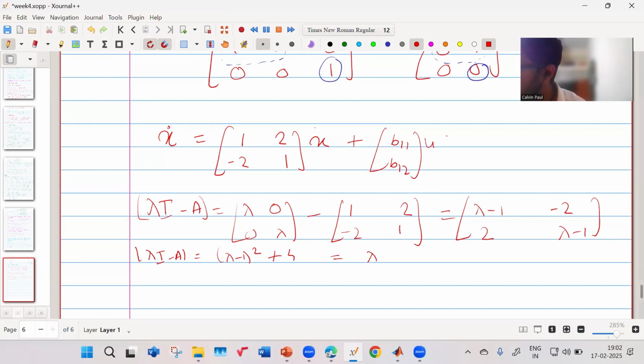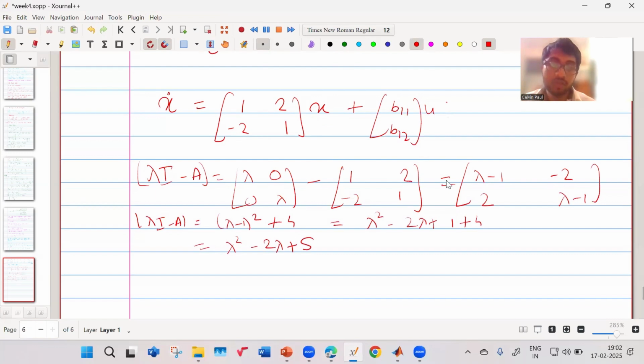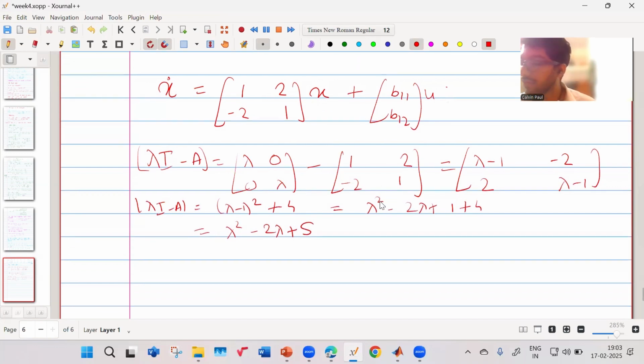So it comes out to be lambda square minus 2 lambda plus 1 plus 4. Okay, it comes out to be lambda square minus 2 lambda plus 5. So can you tell me what will be these eigenvalues? Can you compute and tell me?